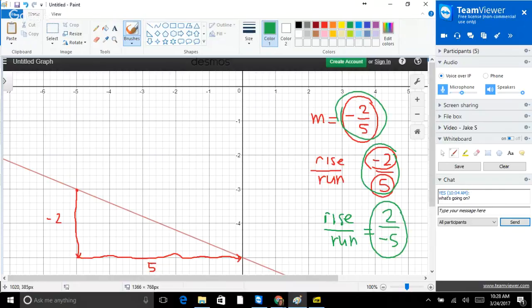So if I pick that point, I'm actually going to start down here. This would mean that I need to rise 2, and I need to run negative 5. So it's just a difference of which way you go, but either way, you're going to end up in the same spot.